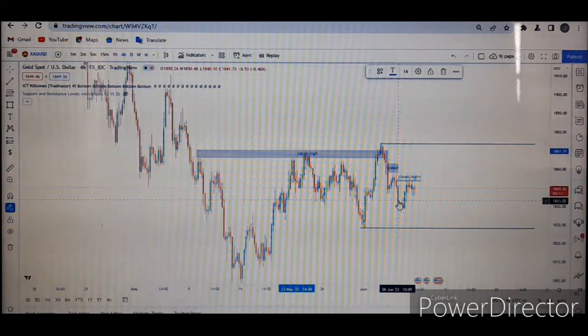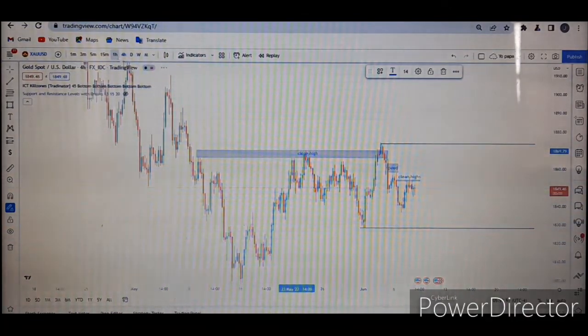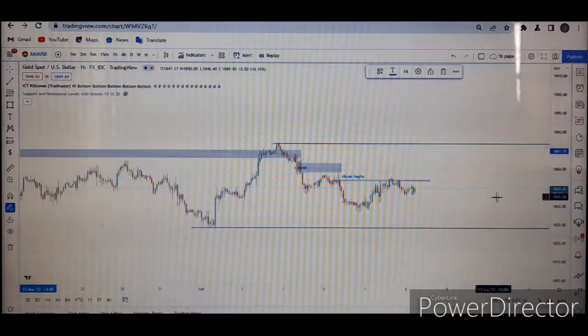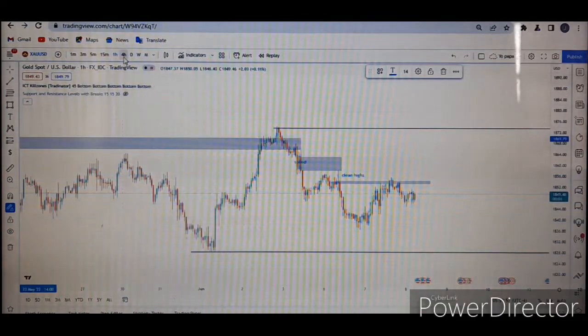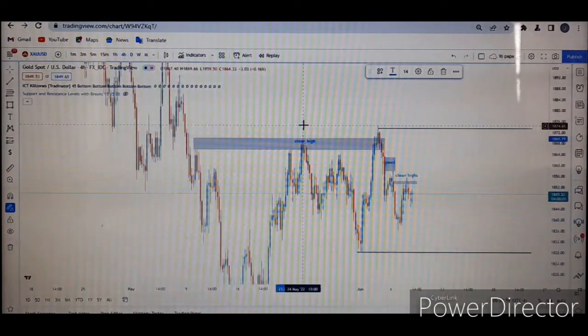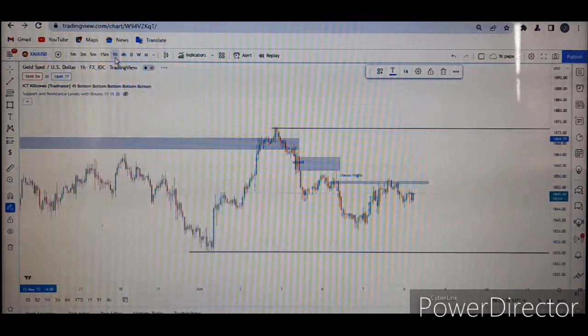So we can go to the lower time frame, the 1 hour. Sorry, there's something I didn't show you on the 4 hours. Anyway, we can go to 1 hour.